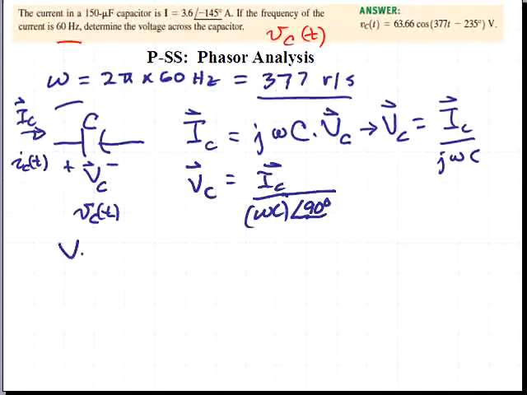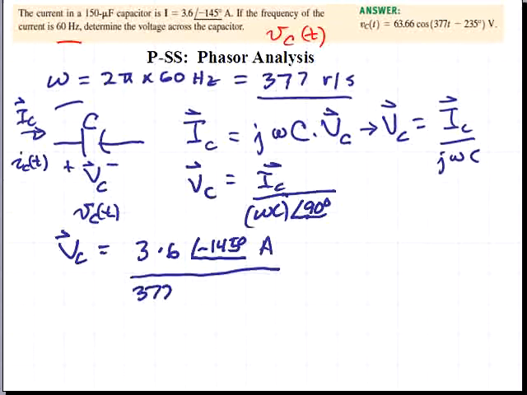So in our case, we have V sub c is equal to the current, 3.6 at an angle minus 145 degrees amperes. And then we're going to divide by this sinusoidal admittance of the capacitor, which is 377 radians per second times 150 microfarads at an angle of 90 degrees.